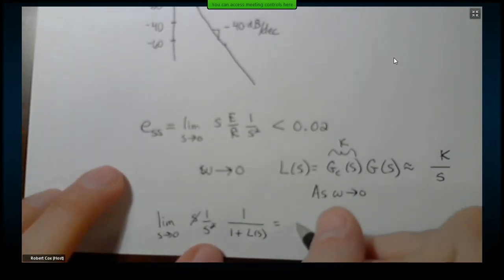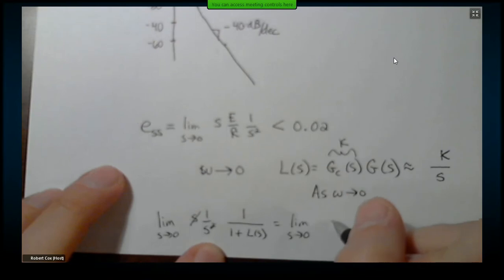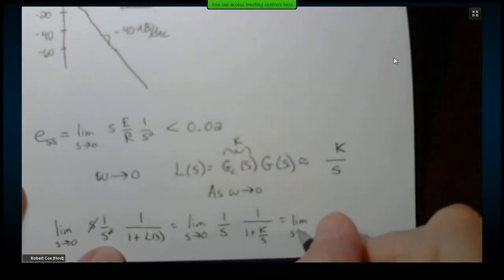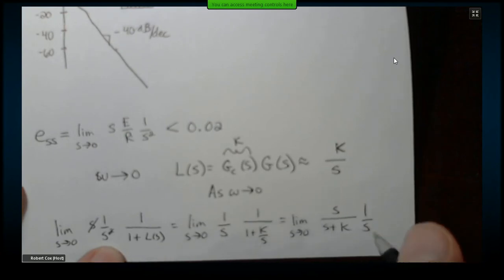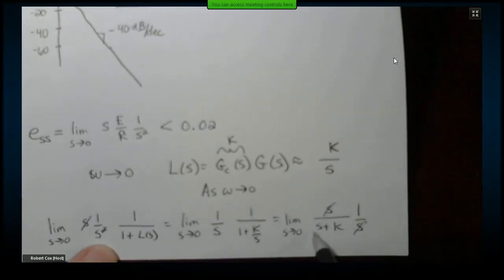That becomes the limit as s goes to 0. I plug in this approximation, so it becomes 1 over s times 1 over 1 plus k over s. That becomes s over s plus k times 1 over s. Those cancel. Let s go to 0.